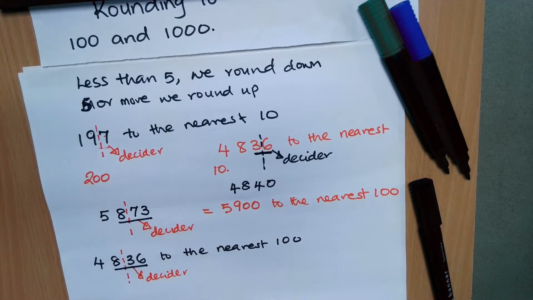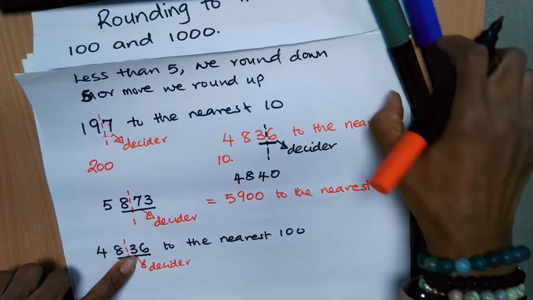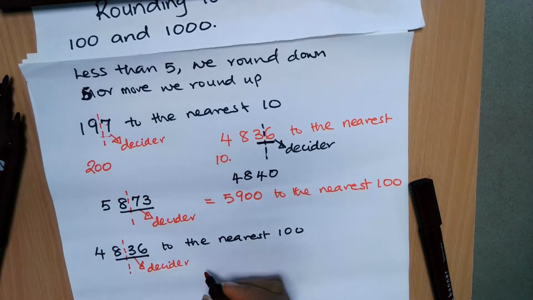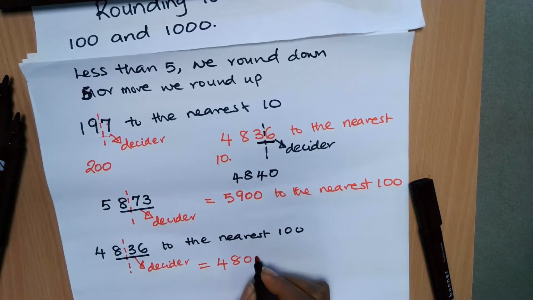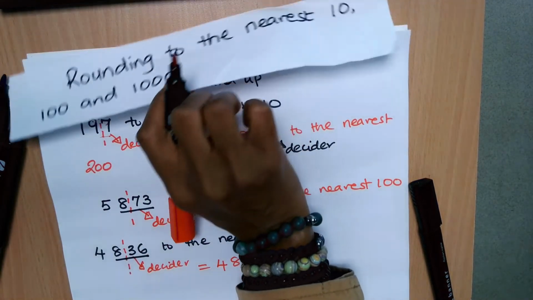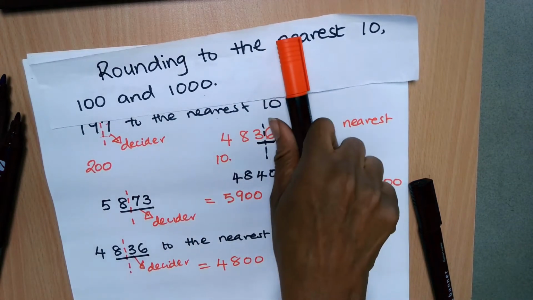Now we can see that 3 is less than 5. So if it's less than 5, we round down. So if we're rounding down to the nearest 100, it's going to be 4,800.